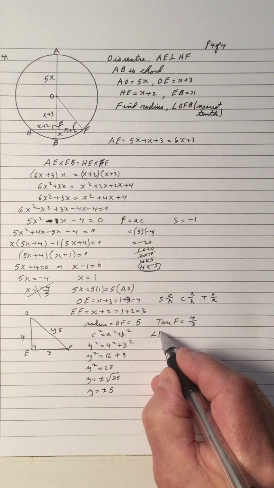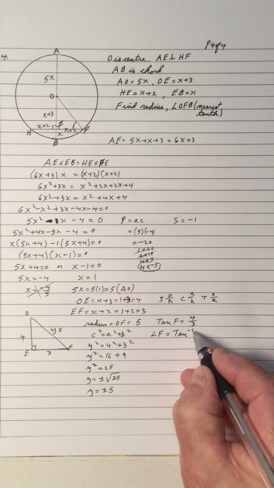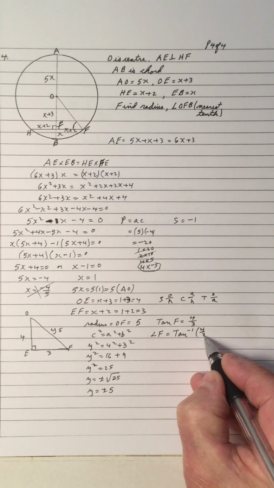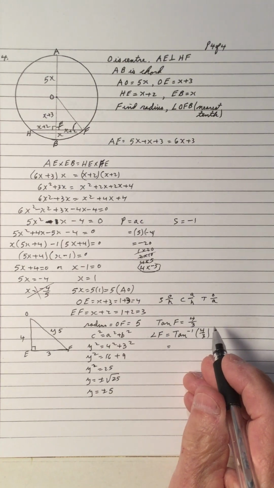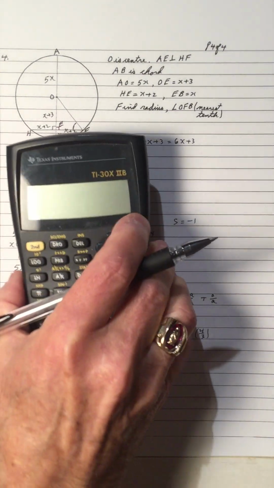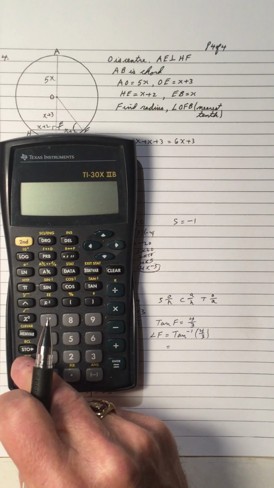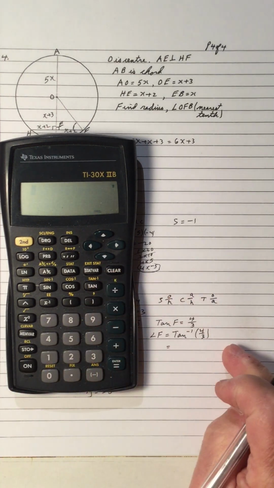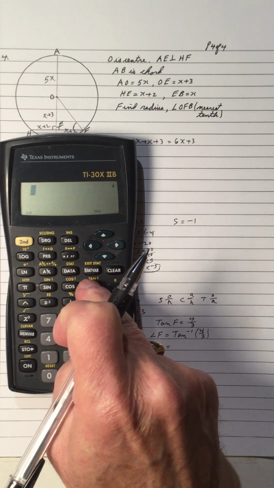So to get angle F, I have to go tan to the -1 of 4 over 3. If you pick up your calculator, I'll do the inverse tan. Turn on my calculator. Okay. And I'll do second function, inverse tan.